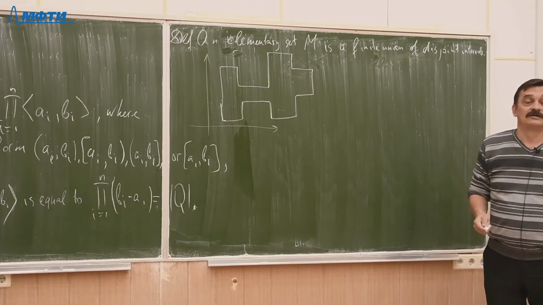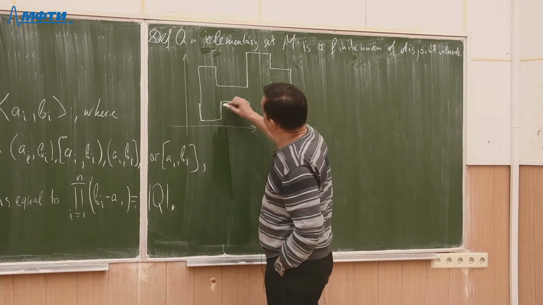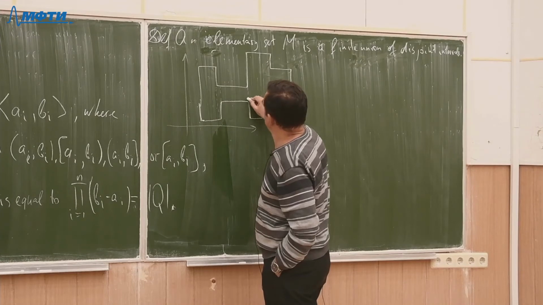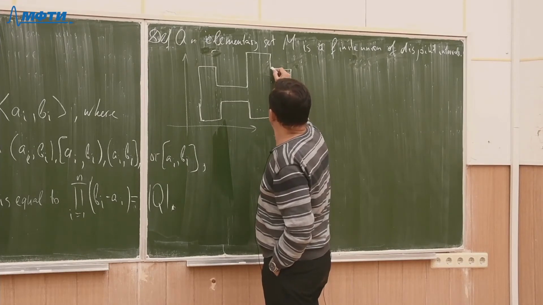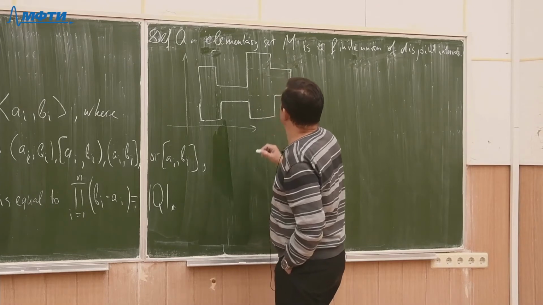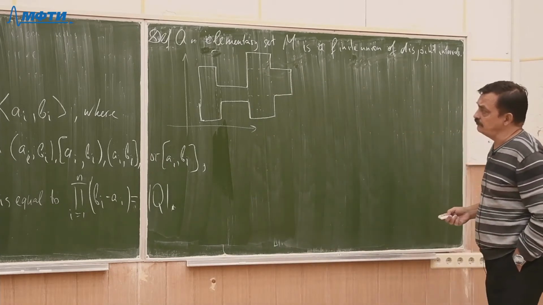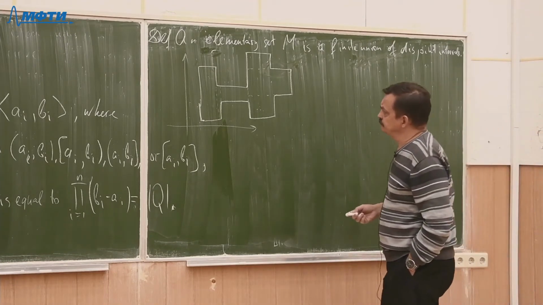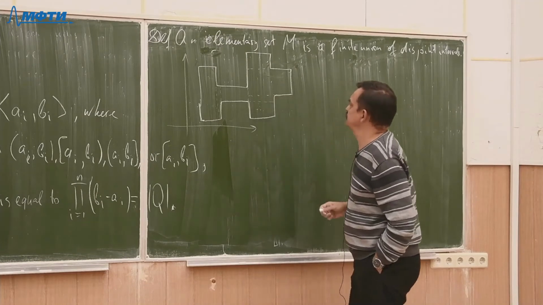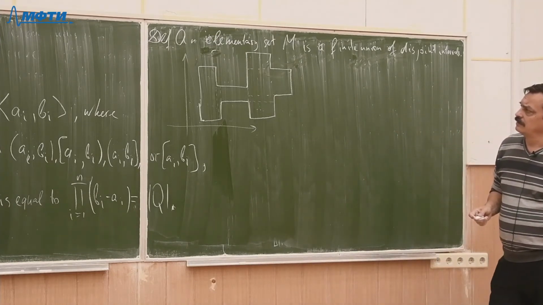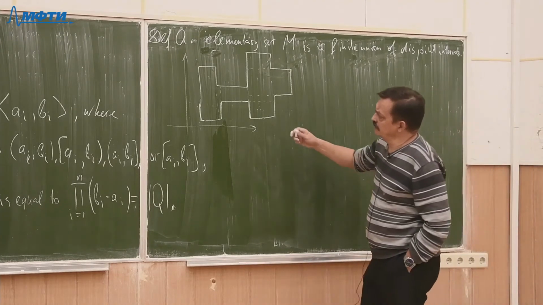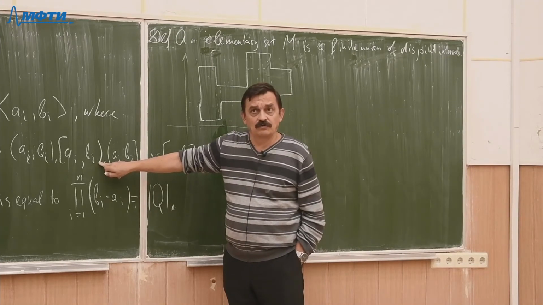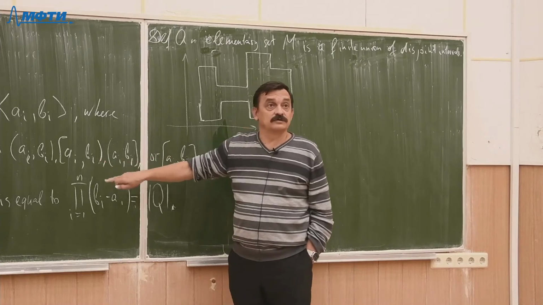Why? Because you can form, okay, let it be different, intervals like that. And for example, we can also form like that. Doesn't matter. And you remember that we can include one end and not include the other.